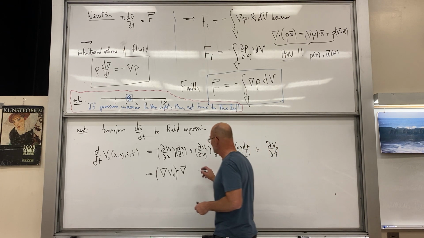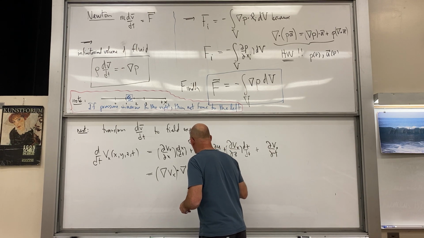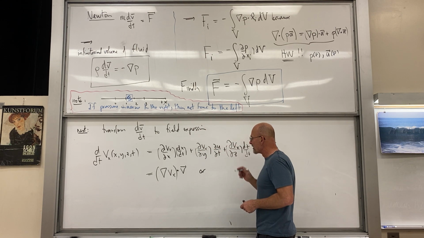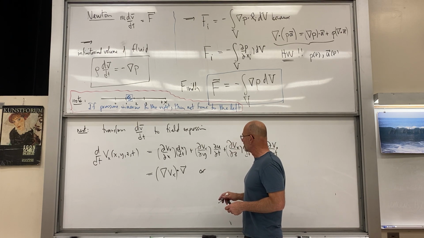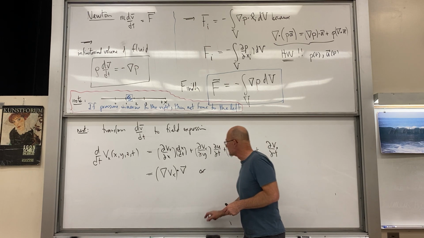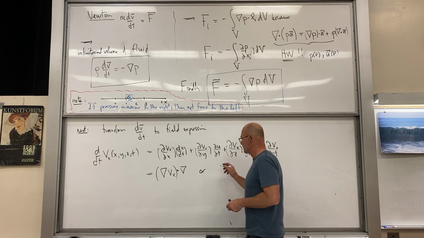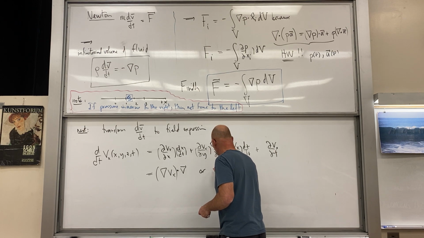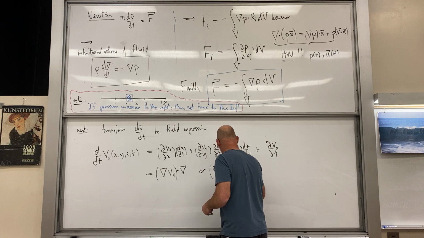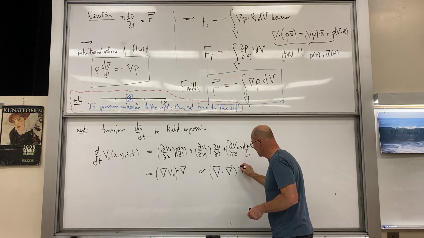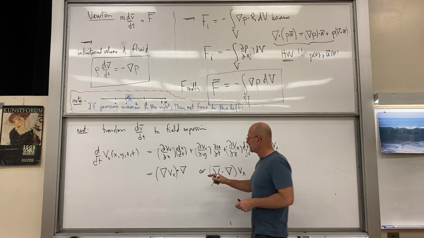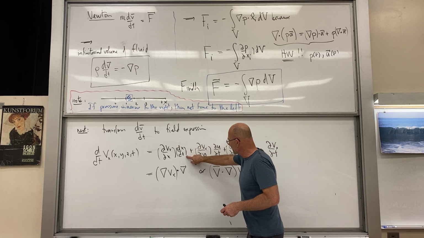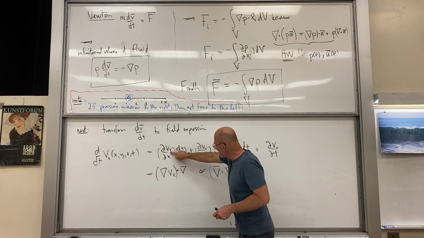Or another way to look at this, let's see if we can do this all at once. Or we could have v dot grad times Vx. Because we'd have Vx d dx applied to Vx, okay.